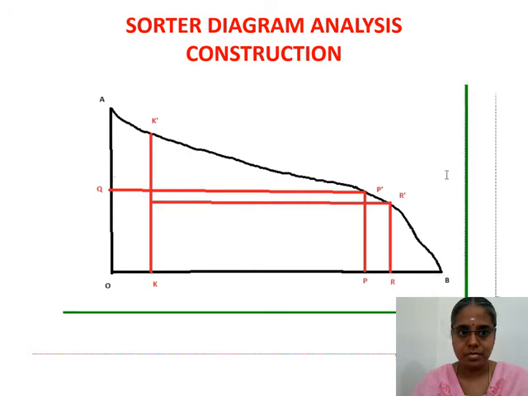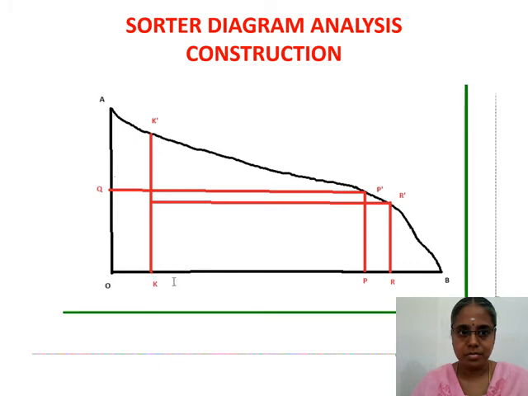So now from R, take 1 by 4 OR, like OK is equal to 1 by 4 OP. You have to take OL equal to 1 by 4 OR. If OR is 4 inches, OL is 1 inch.